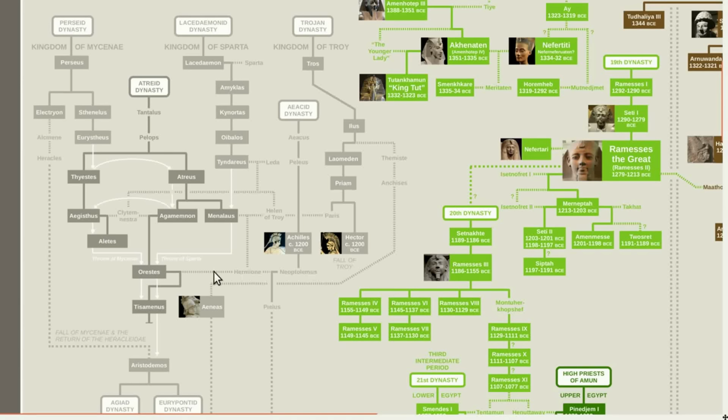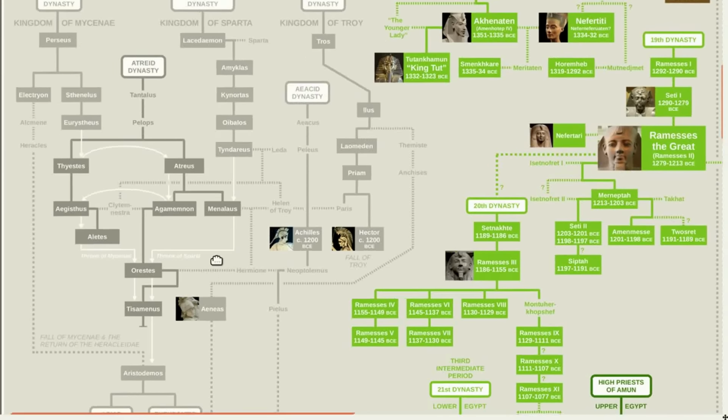So this section up here is basically a family tree of the Trojan War, which is famously described in Homer's Iliad. I'll do a separate video on that topic down the road, but for now, just take note that this section is considered legend, not history.